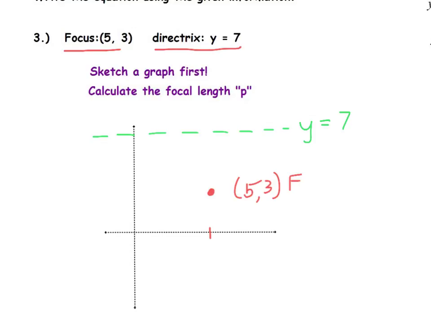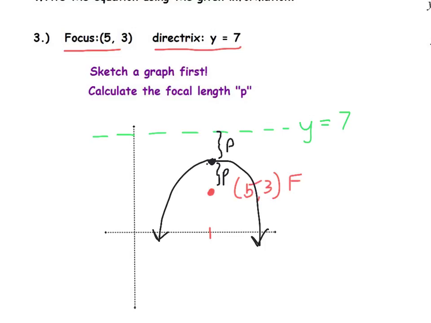Well, as you know, the parabola, or the vertex, is halfway between the focus and the directrix. So the vertex is somewhere right here between those two, which means our parabola has to be opening downward. So we need to know this distance from here to here or from here to here. Both are a measurement of p.